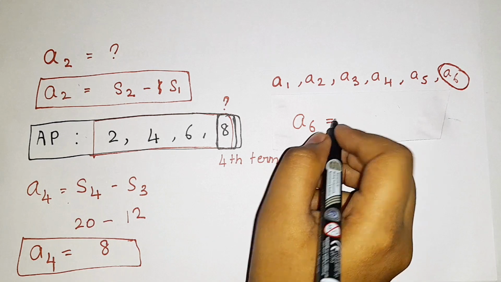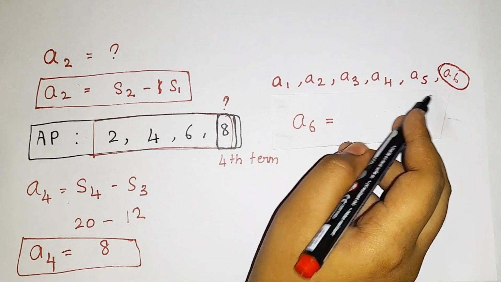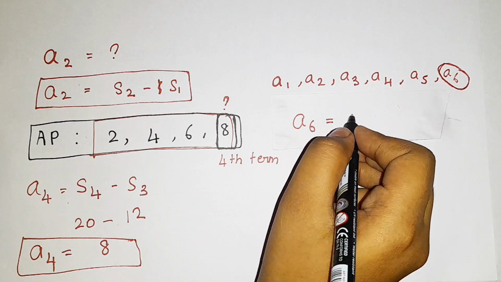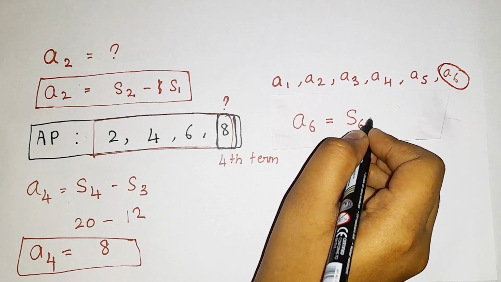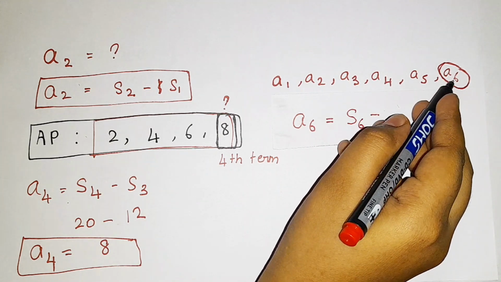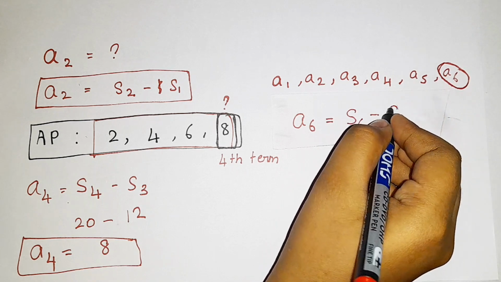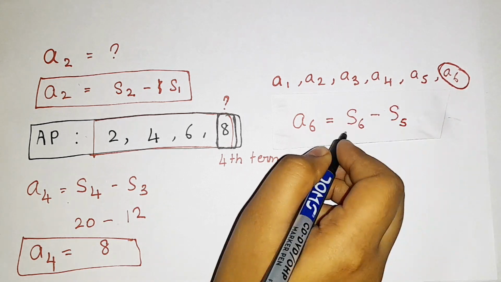Okay, so whenever something is missing, in this case we are supposed to subtract S6 minus the previous number of 6, which is 5, right? Then subtract S5. Okay, like this you are supposed to do.